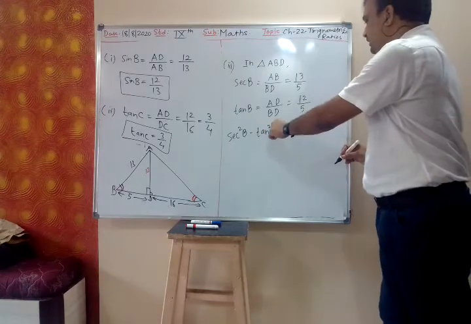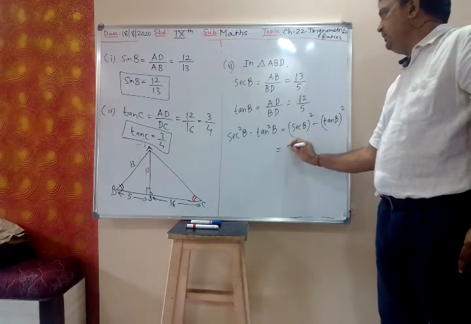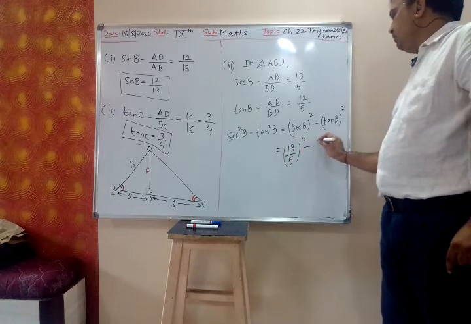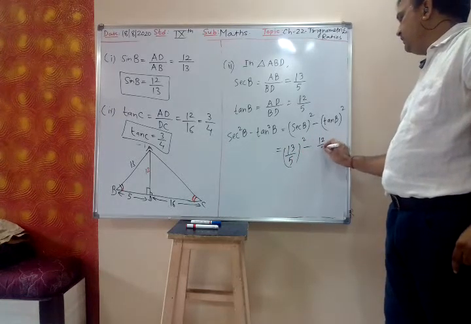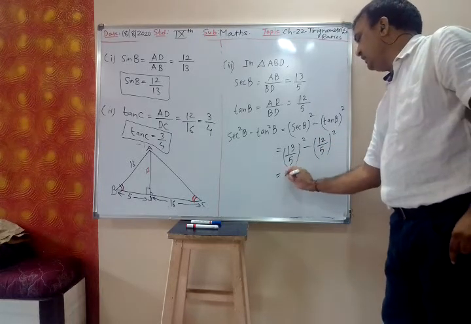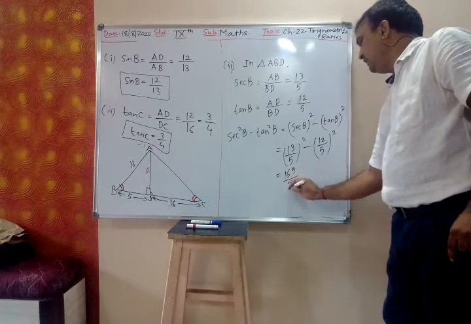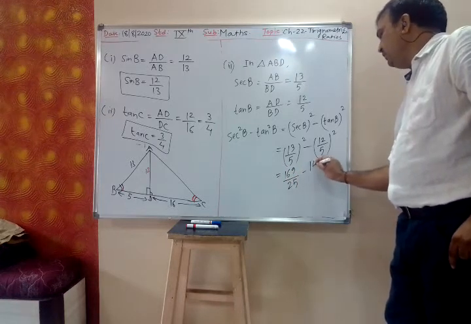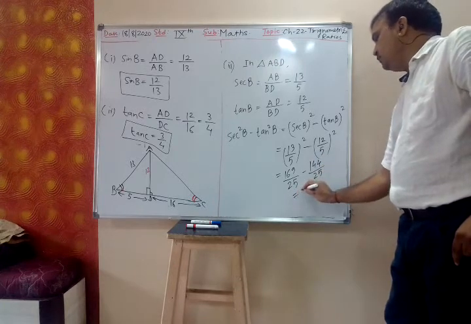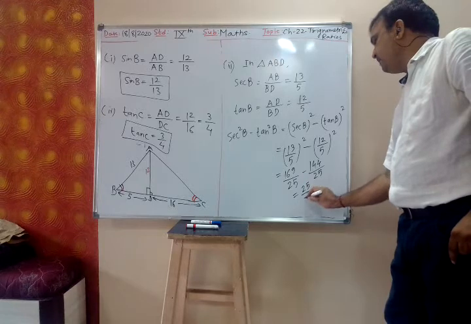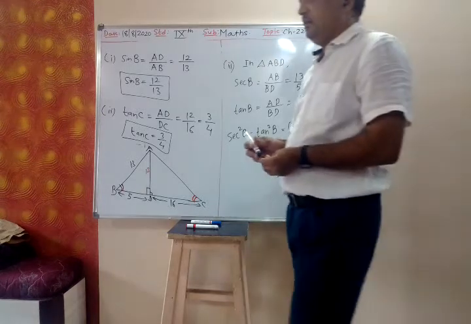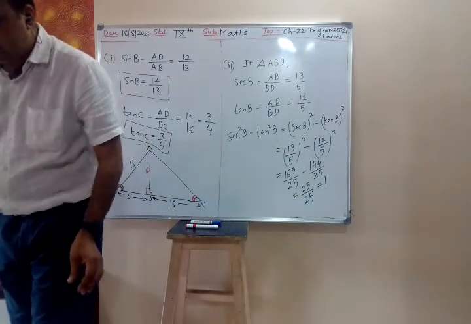So sec B is 13 by 5 whole square minus 12 by 5 whole square. 13 square is 169 upon 25 minus 144 upon 25, that is 25 upon 25, and that is 1. So sec square B minus tan square B is 1.